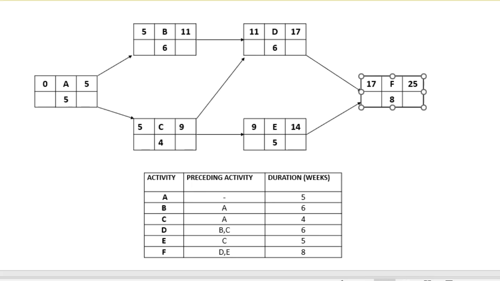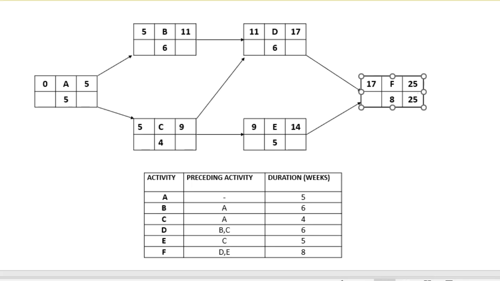So the latest finish time for F will be 25, right? Because there's nothing else to come after this. So the latest finish time really is 25 weeks, especially since we have taken into consideration all the previous activities and the longest time that those activities will take.